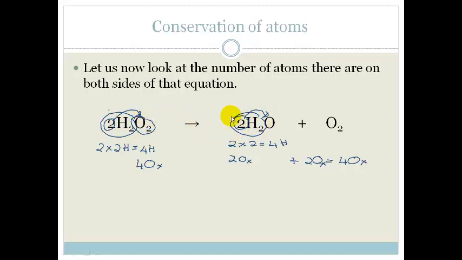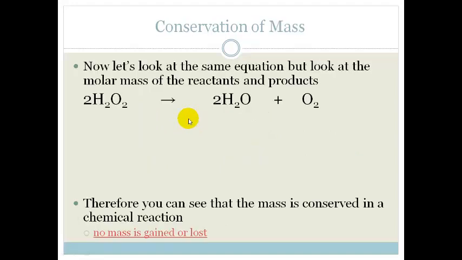So what you need to understand is that even though we've had a chemical change happening, we've actually had a conservation of atoms. Now let's look at the same equation, but let's look at the molar mass of the reactants and products. Hydrogen has a mass of 1, so it's 2 times 1 plus 2 times 16.